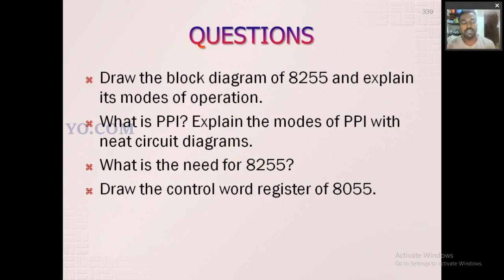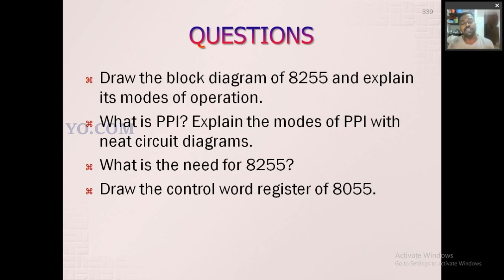According to university questions, we can find questions like these on the 8255. Draw the block diagram of the 8255 and explain the modes of operation. What is PPI? Explain the modes of PPI with neat circuit diagrams. What is the need for the 8255?